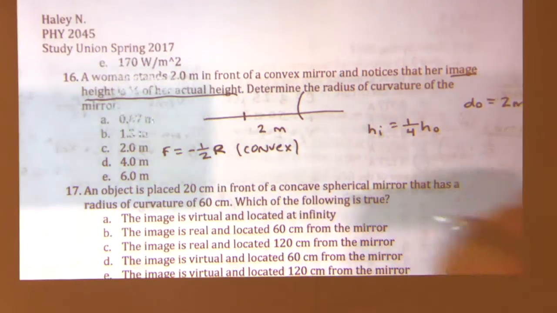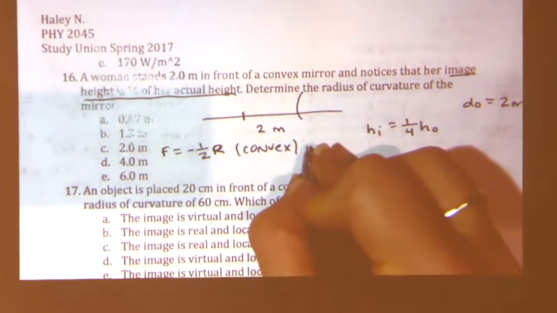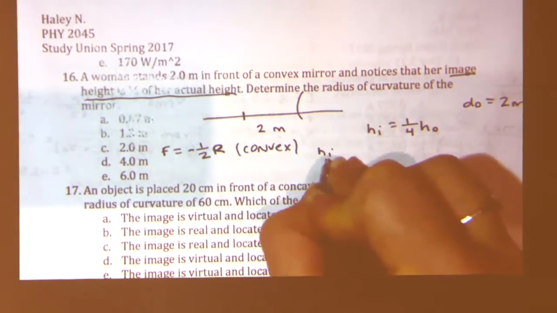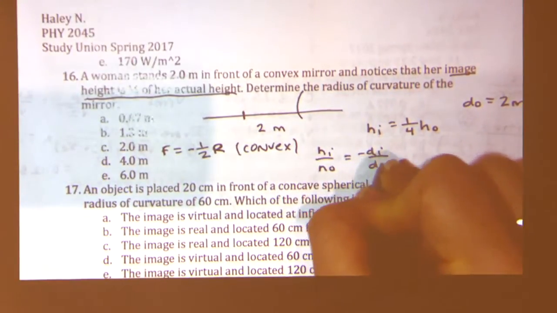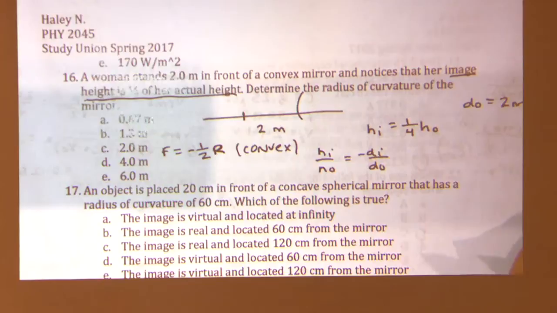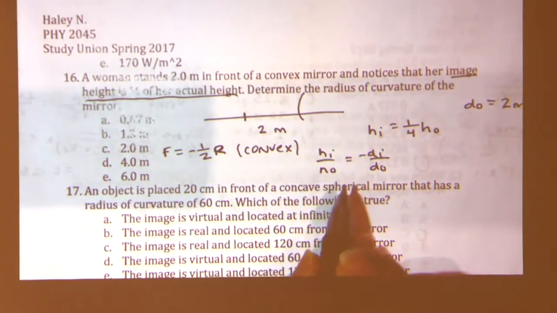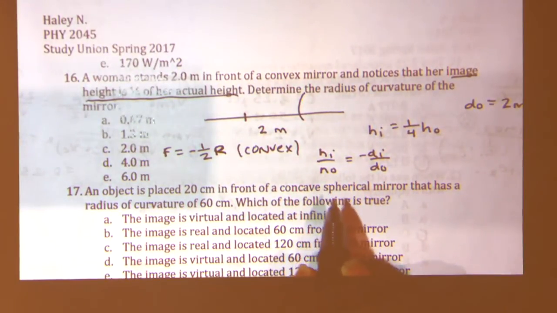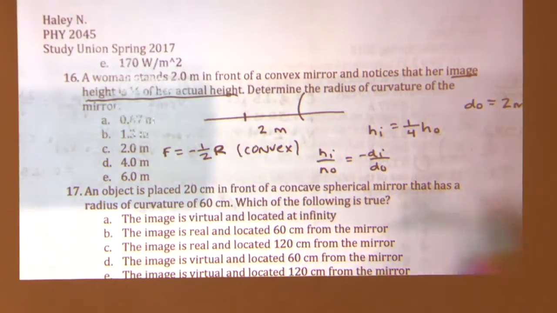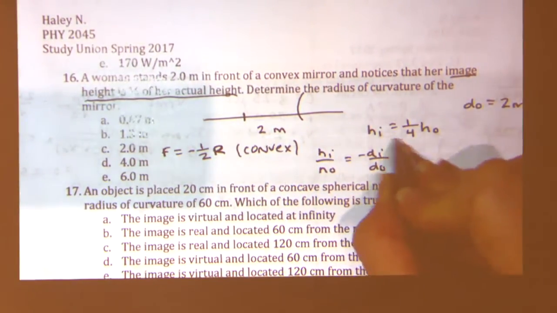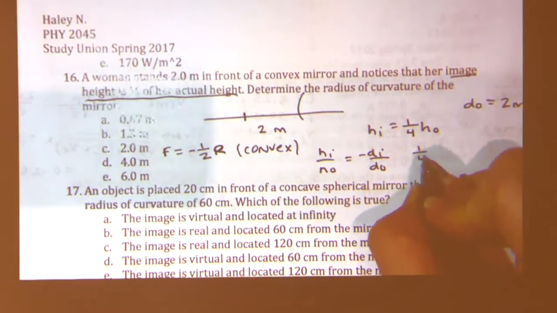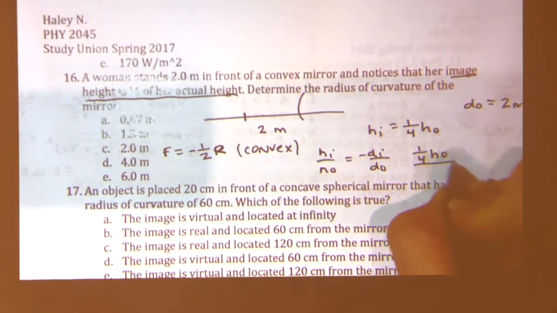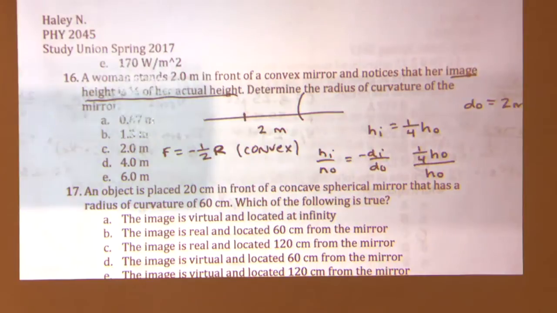So we have the expression HI over HO is equal to -DI over DO. And using this, we can actually solve for the distance of the image, because we have a relationship between HI and HO. So HI, we can say 1/4 HO over HO.